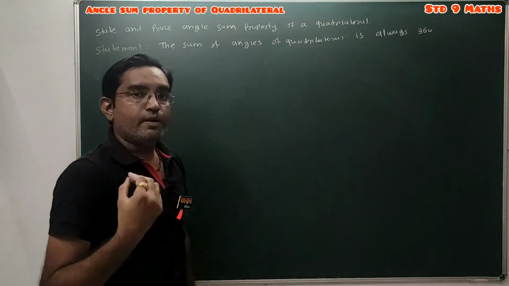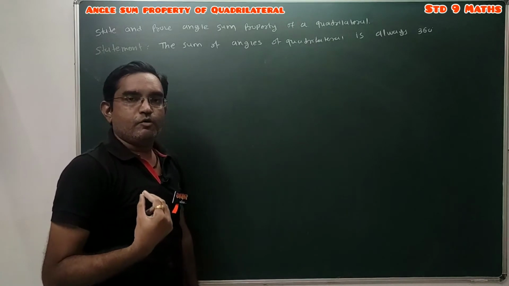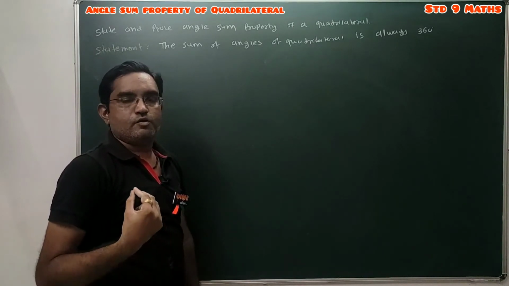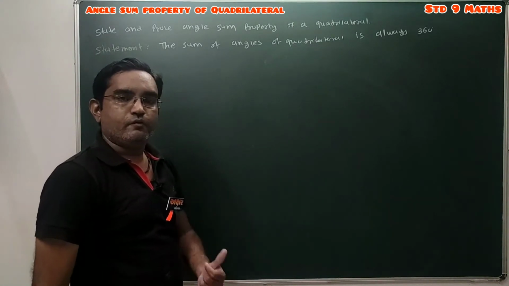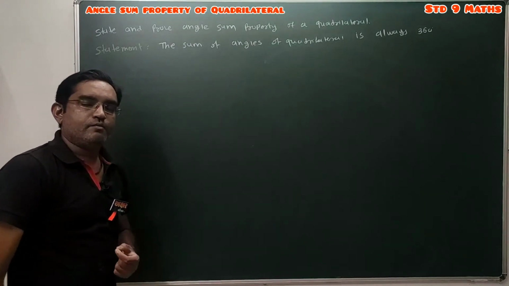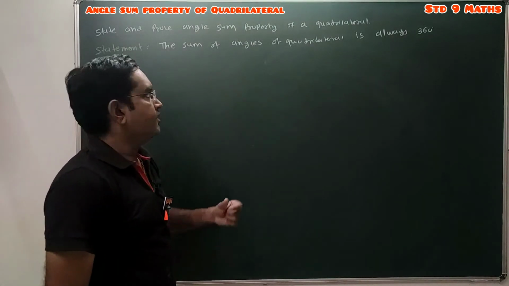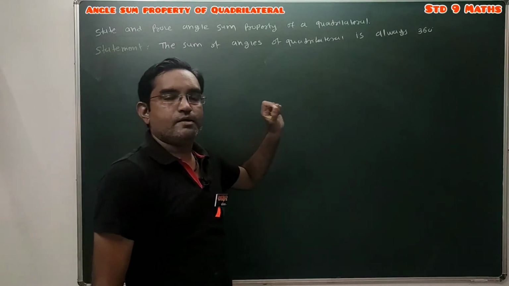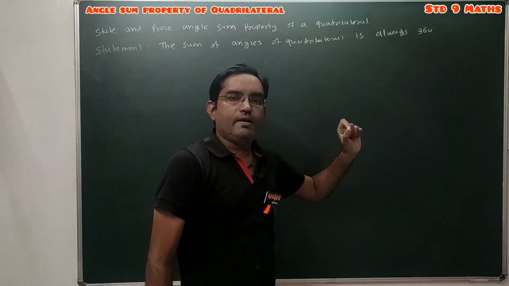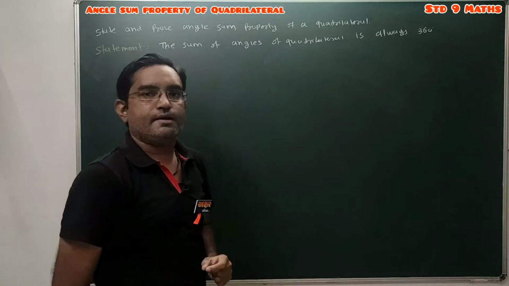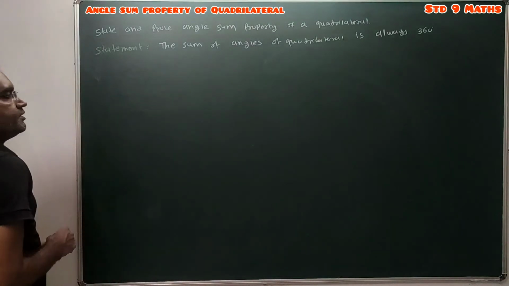Angle sum property of triangle says that the sum of measure of all the angles of triangle is always 180 degree, while the angle sum property of quadrilateral says that the sum of measures of angles of quadrilateral is always 360 degree. Done? So this is the statement.